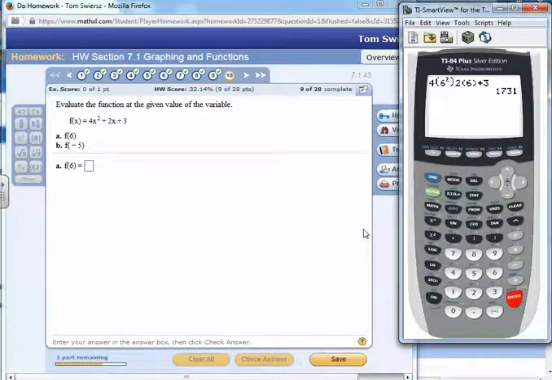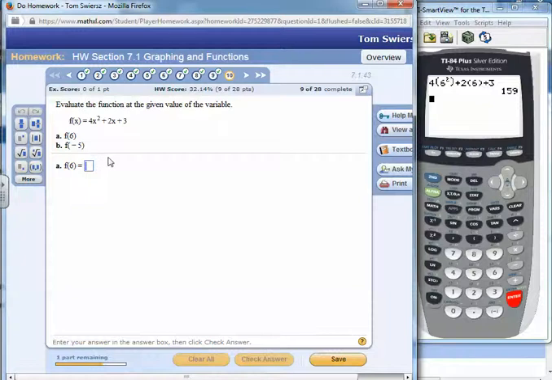Put it in. Whoa, I forgot my addition sign there. Let's try that one more time. 4 times, in parentheses, 6 squared. All right, my mistake was then plus 2 times x, which is 6, plus 3, and we get 159.